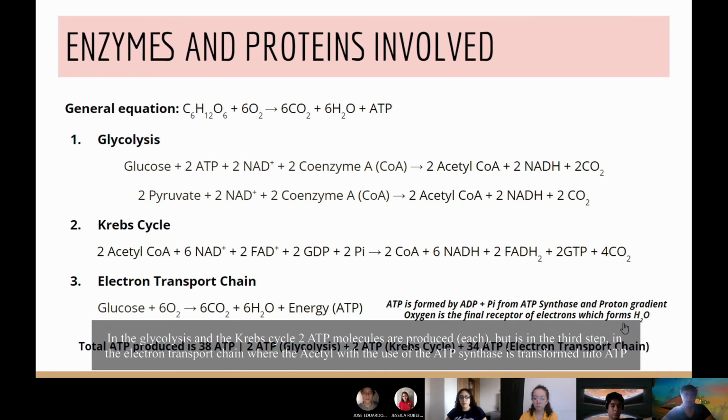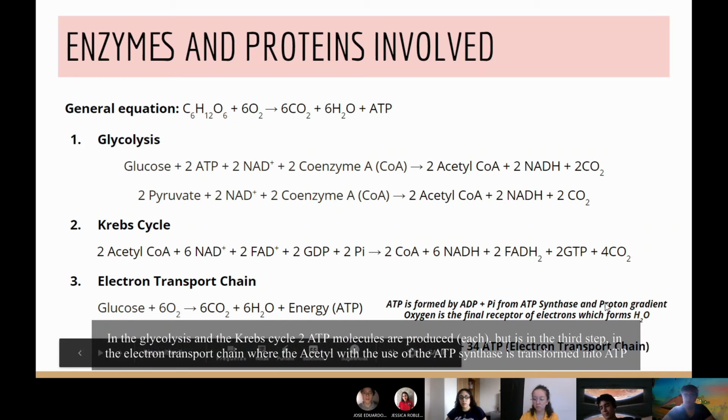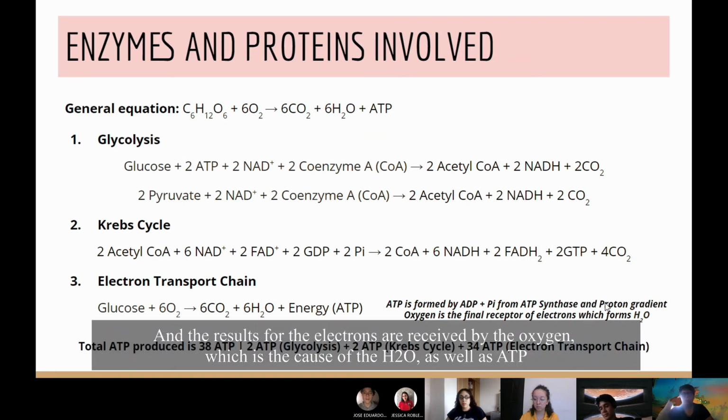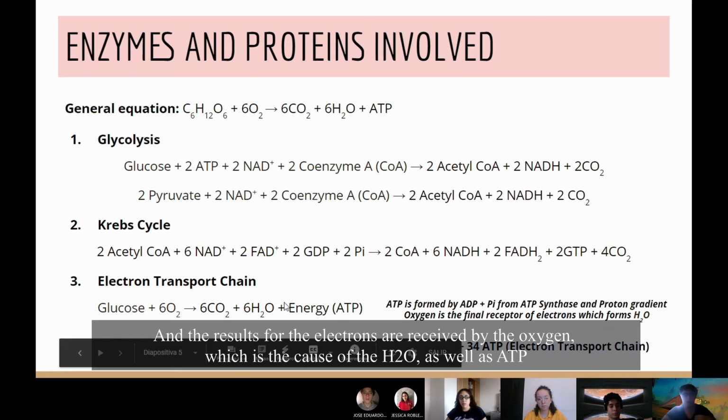In the glycolysis and also in the Krebs cycle, 2 ATP molecules are produced, but it's in the third step, the electron transport chain, where by the use of ATP synthase, ATP is produced, and the electrons are received by oxygen, which produces H2O, along with 34 ATP.